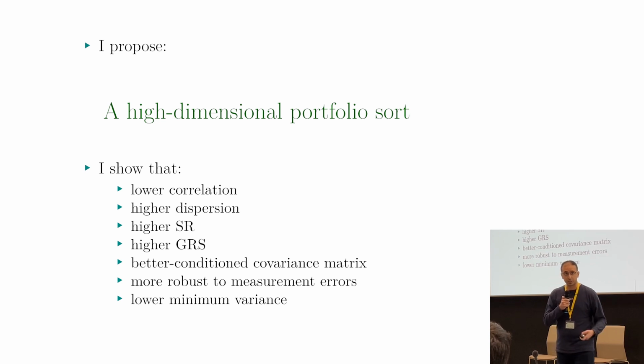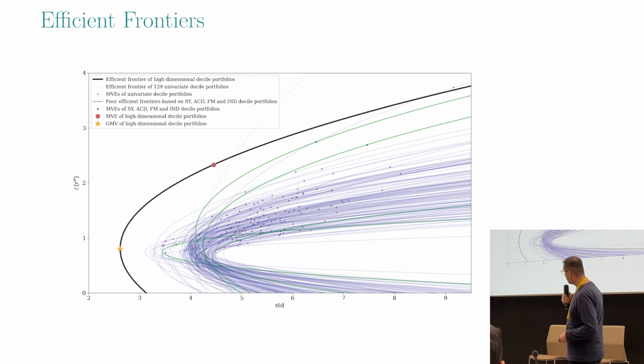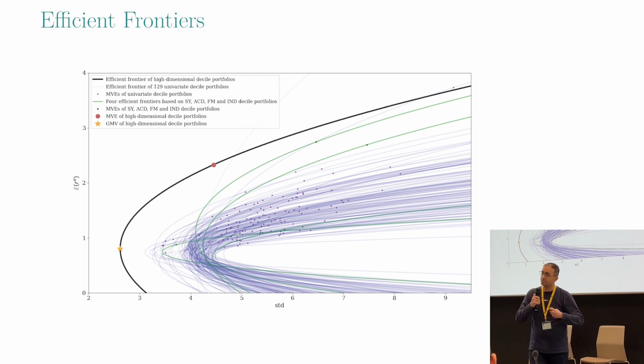To conclude the session, I would like to show you this photo of efficient frontiers. So the black efficient frontier is the efficient frontier spanned by the high dimensional portfolios that I am proposing.